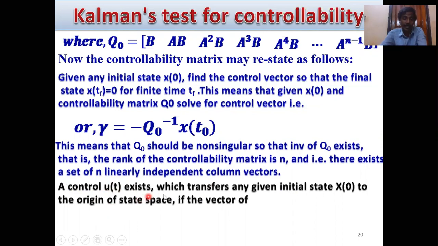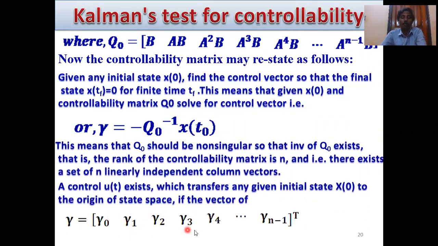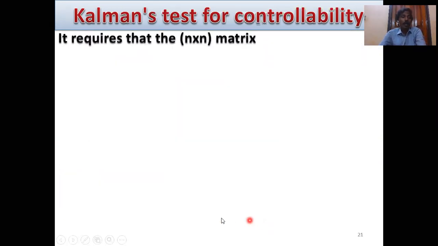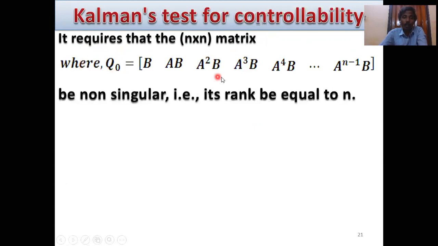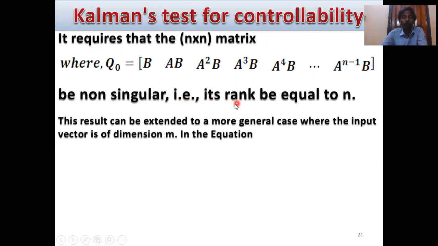A control u of t exists which transfers any given initial state x of 0 to the origin of state space if the vector gamma equals gamma 0, gamma 1, gamma 2, gamma 3, and so on up to gamma n minus 1, whole transpose, can be obtained from the equation. The Kalman test for controllability requires that the n cross n matrix q0 equals b, ab, and so on up to a to the power n minus 1 b be non-singular, that is, its rank equals n.